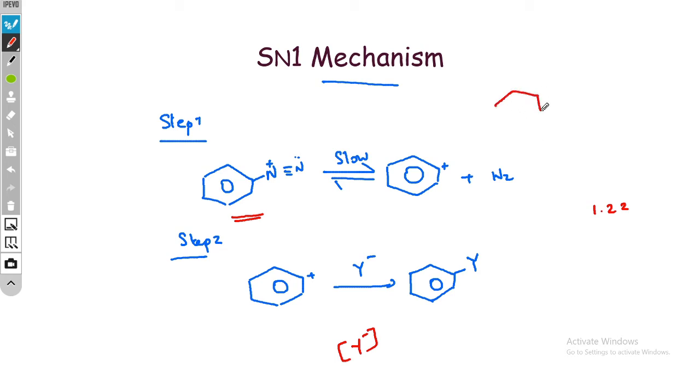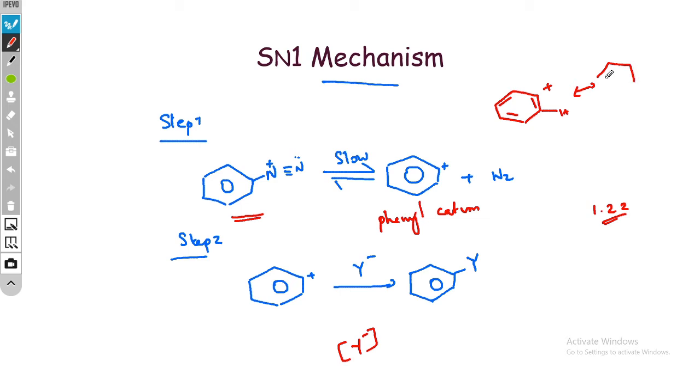This evidence can be explained by the fact that our intermediate, the phenyl cation, is stabilized by a hyperconjugative structure like this.